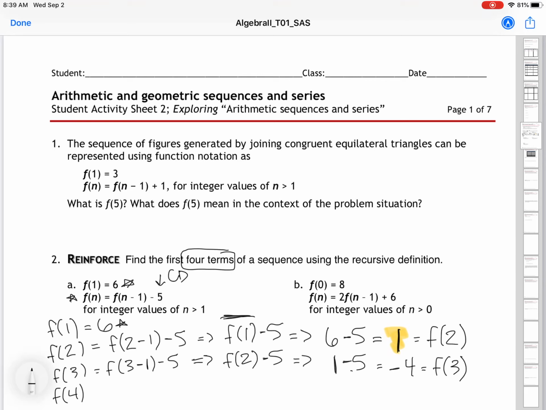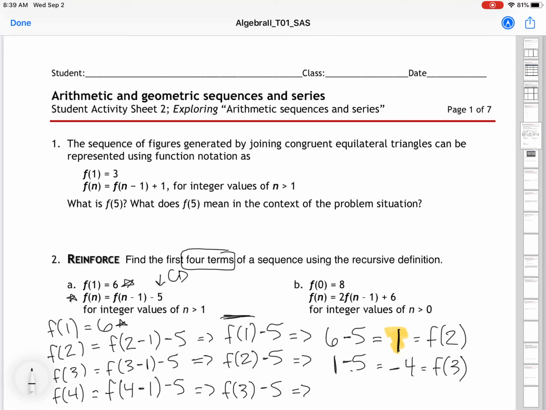Okay, now last one. Doing the exact same thing, except this time we are plugging in a 4. So f of 4 minus 1 minus 5. Well, what is 4 minus 1? 4 minus 1 is 3, right? We are just simplifying. We're using the recursive definition to find the previous term.